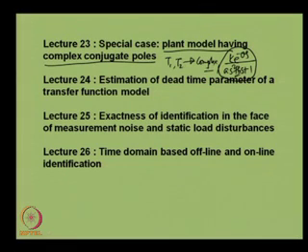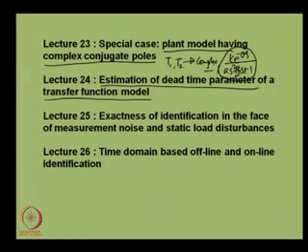So, this also falls under one special case, and we shall try to derive a set of analytical expressions for such cases.